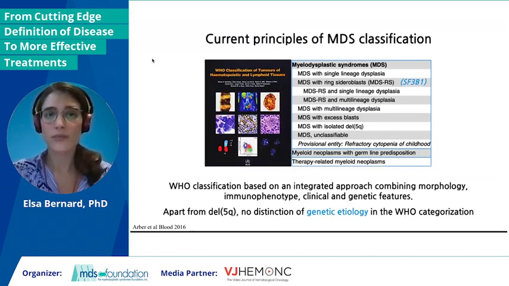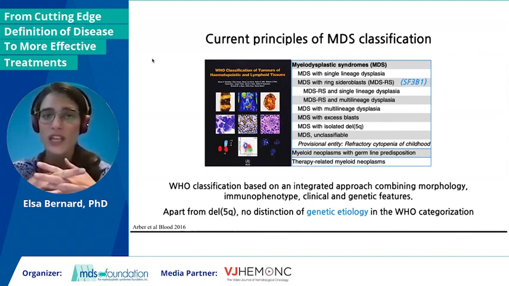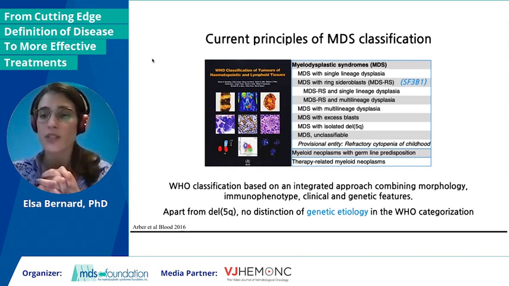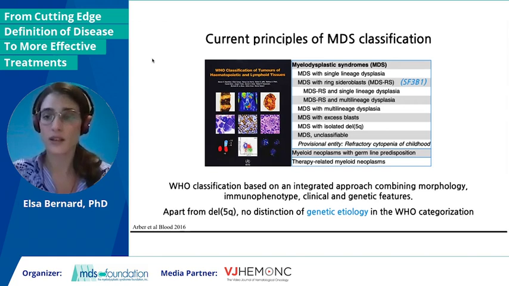The current WHO classification for MDS is based on an integrative approach that combines morphology, immunophenotyping, and clinical features, as well as, to some extent, genetic features. It classifies MDS into 6 distinct diagnostic categories.